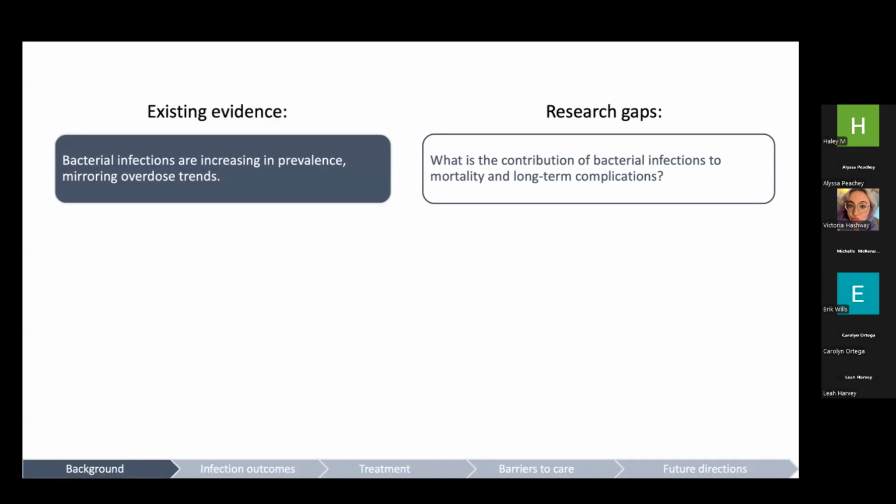But in talking with the community, we've heard a lot anecdotally about people who had passed away from bacterial infections, but we really don't know on a quantitative scale what the contribution of these infections is to mortality and other long-term complications after people go on to develop these infections.